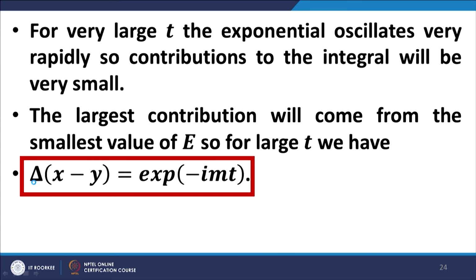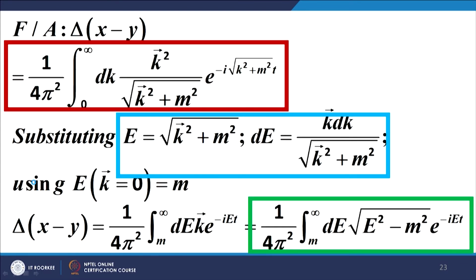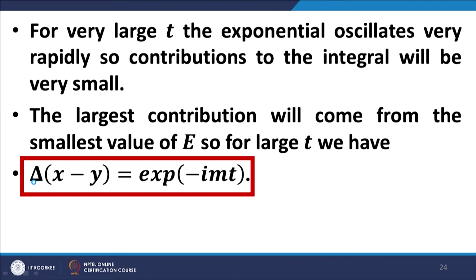Now, at very large t, if you look at this exponential term, the imaginary i factor in the exponential means that this integral is oscillatory, and as t increases, the frequency of the oscillations becomes more rapid, and the overall contributions to the integral will diminish.